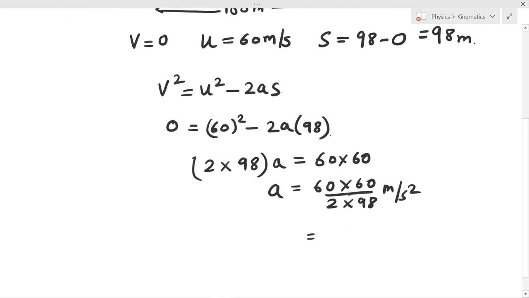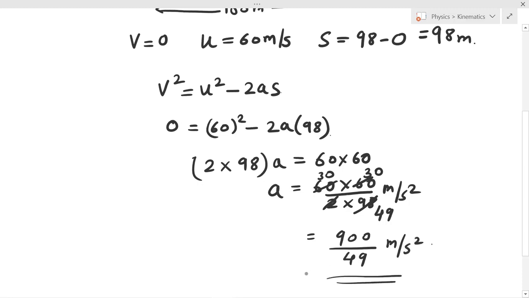If I divide by 2, this will be 30, and I will again divide this by 2. So this is 49, and this is 30 again. So this is 900 divided by 49 meter per second square. This is the answer.